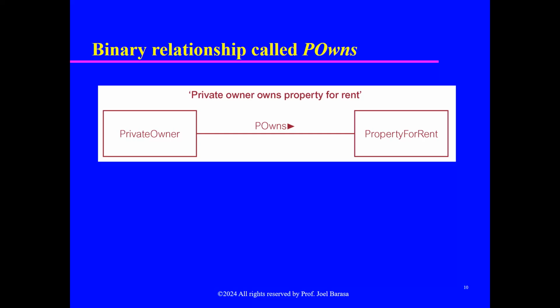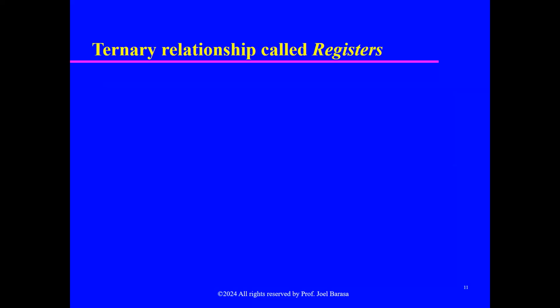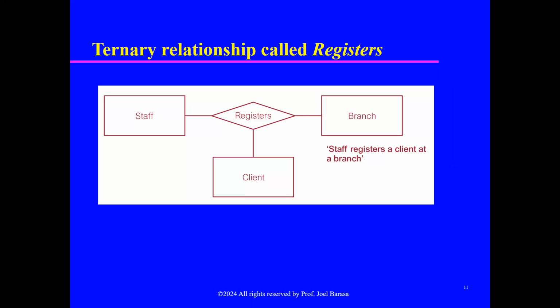The arrow will point to where more independence is involved and where the majority depend on the primary section. So a private owner can have many properties for rent, but many properties for rent can belong to one property owner.